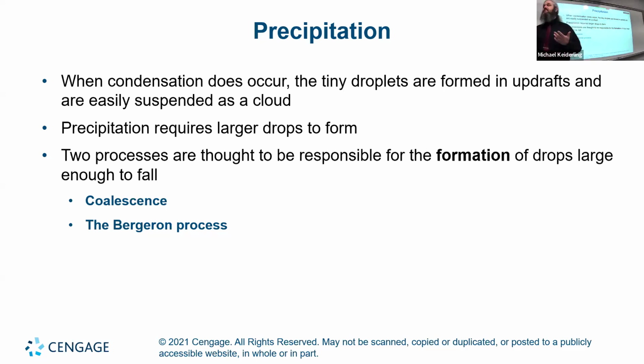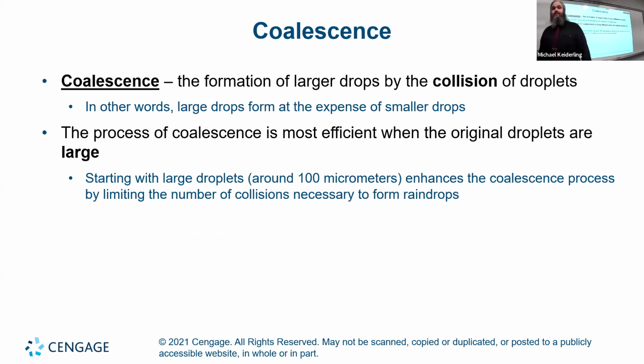Coalescence primarily happens in lower, warmer clouds. The Bergeron process requires cold. Around here, in continental areas, the Bergeron process is the primary form of rainfall generation. And in fact, most rain is generated through this.